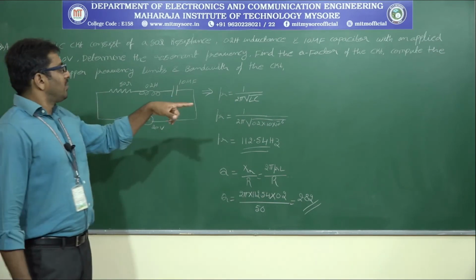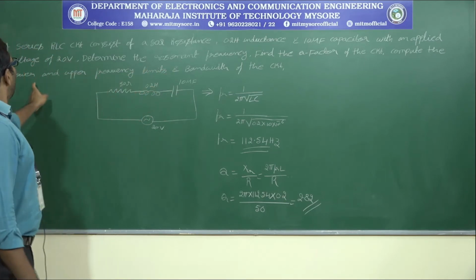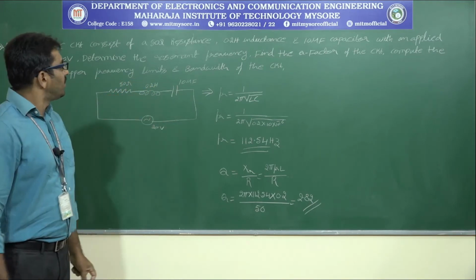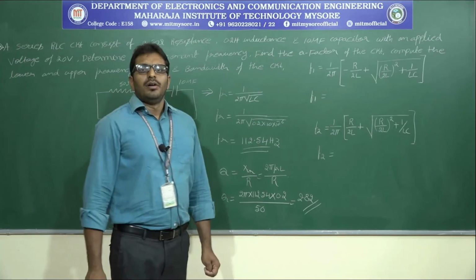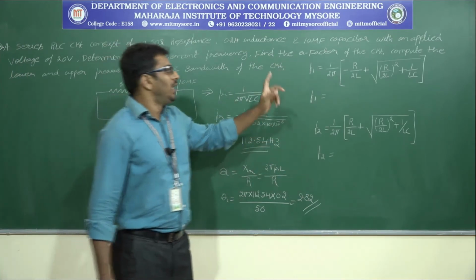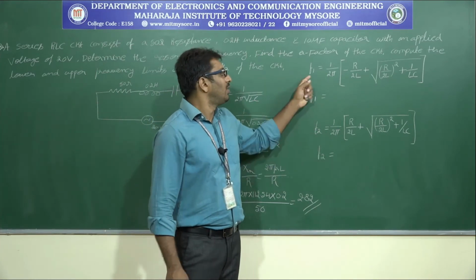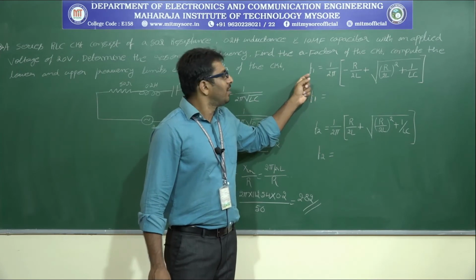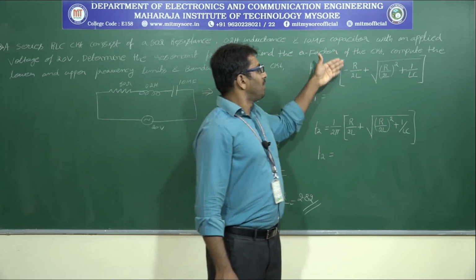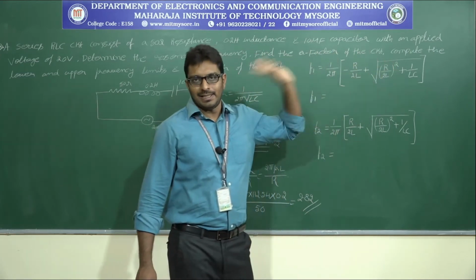Now, what is the last part of the question? Compute the lower and upper frequency limits and also calculate the bandwidth. Okay. These two are the standard formulas to find the lower cutoff frequency and upper cutoff frequency. The formula for the lower cutoff frequency, F1, is 1 by 2 pi into minus R by 2L plus square root of R by 2L whole square plus 1 by LC.